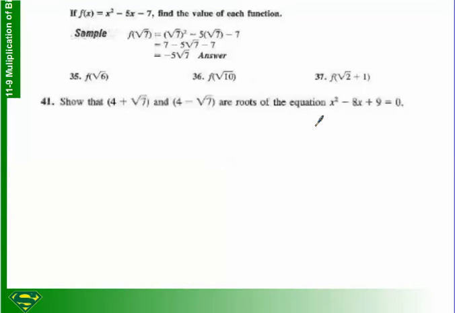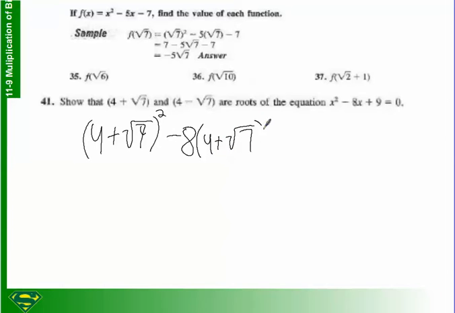We're just going to plug that in for every x that we find. So we're going to have 4 plus the square root of 7, squared, minus 8 times 4 plus the square root of 7, plus 9 is equal to 0.